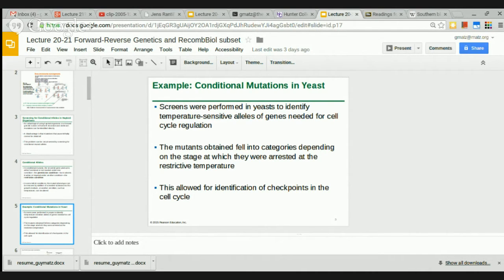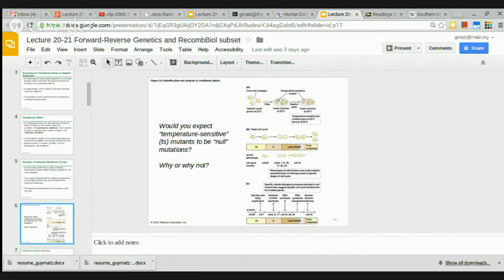This is just the overall strategy: you treat the haploid yeast with a mutagen at what is your permissive temperature, 23 degrees centigrade. And then you plate these out on a plate at 23 degrees centigrade, putting fewer cells per plate, so that every individual yeast cell can be examined.